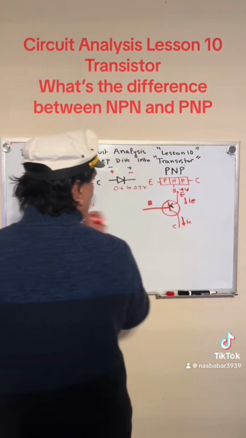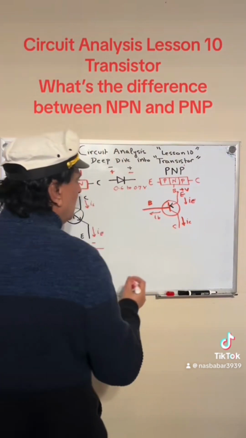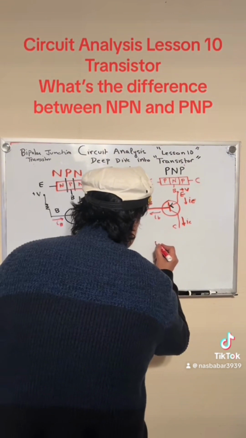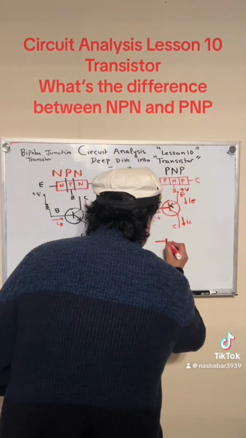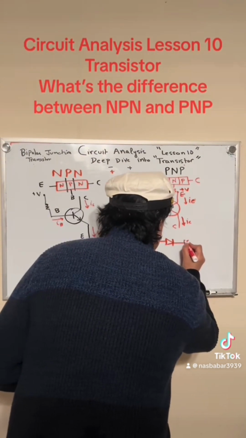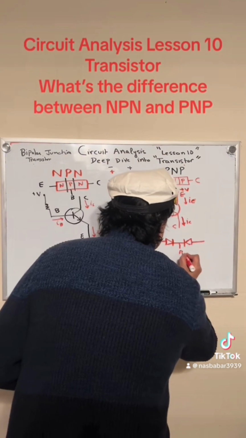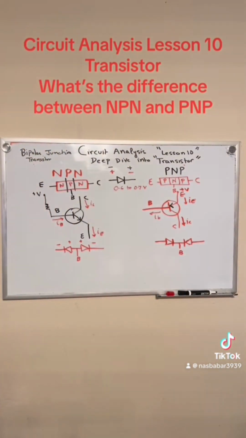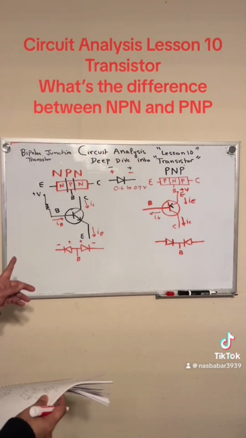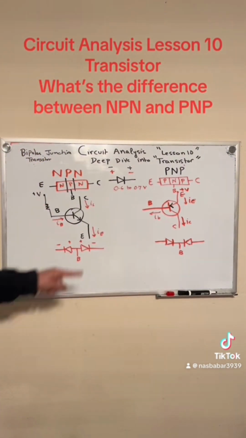I sub B would be going out, due to the diode configuration, which in this case is going to be like this. So that is the configuration for the PNP transistor right here, and this is for NPN.